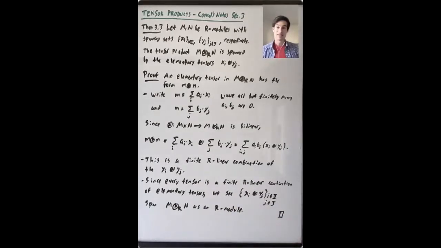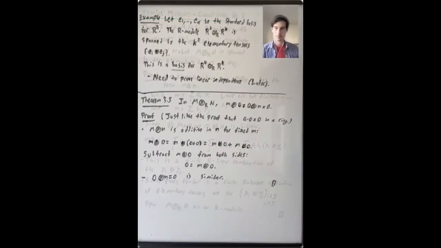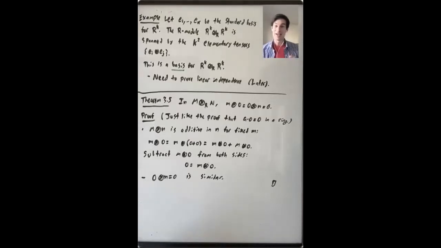So I'll pause and erase, and we'll talk about a particular case of this result, and then some stronger things that are true. We have seen that if you have a spanning set for an R module M and a spanning set for an R module N, you get a spanning set for the tensor product.